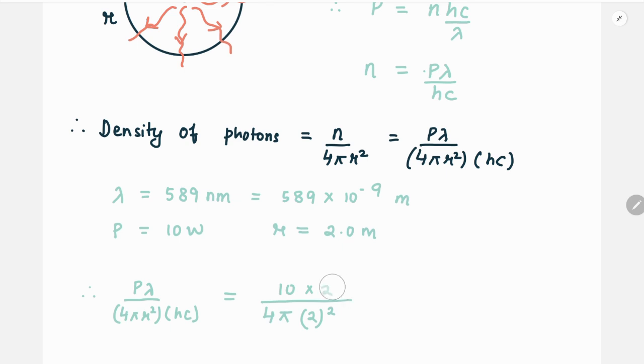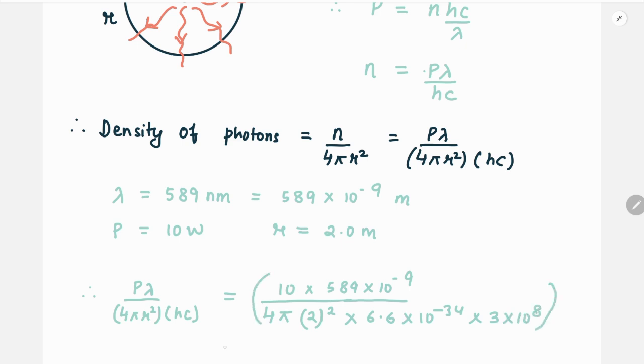Over here we need to put lambda, which is 589 into 10 to the power minus 9, upon hc, 6.6 into 10 to the power minus 34 times 3 into 10 to the power 8.